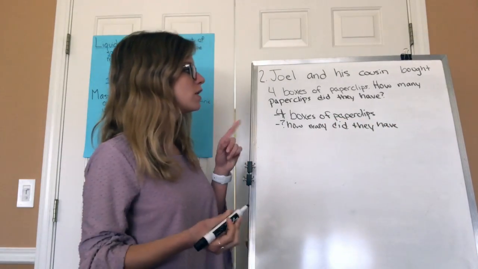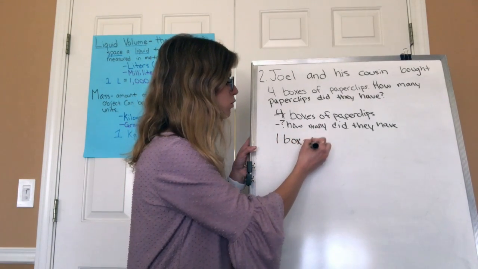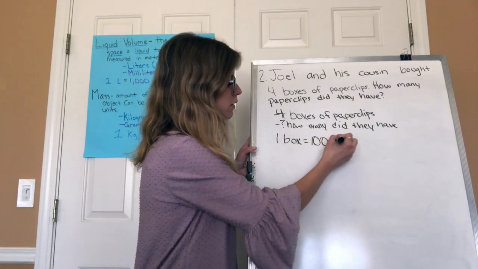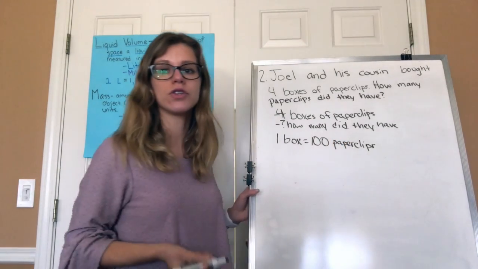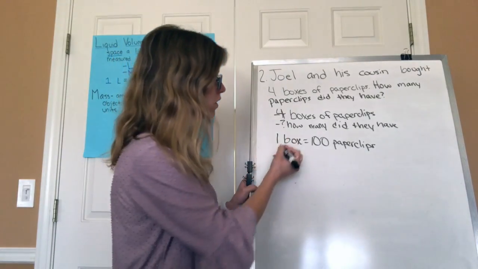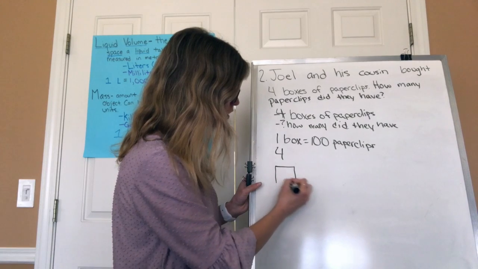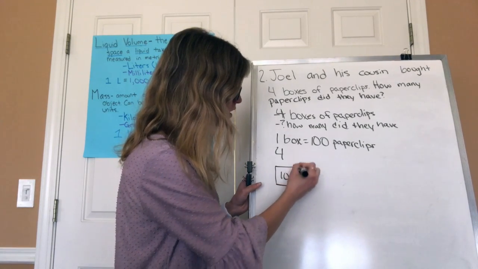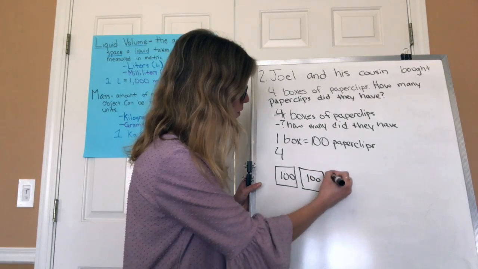And I remember that we said that 1 box of paper clips was equal to 100 paper clips. And you could have used your 100 grid to help you out, or you could have figured out that if it's 4 boxes with 100 paper clips in each, I could have just drawn 4 boxes to show this.